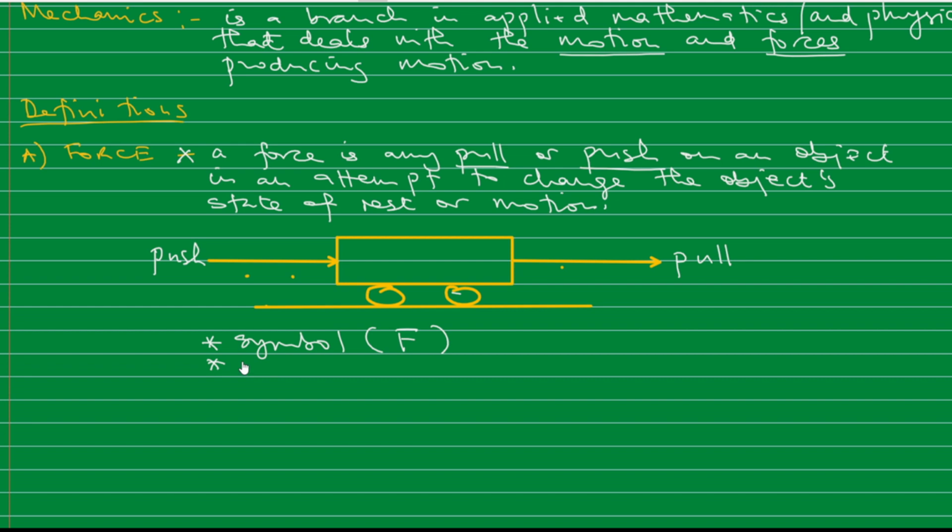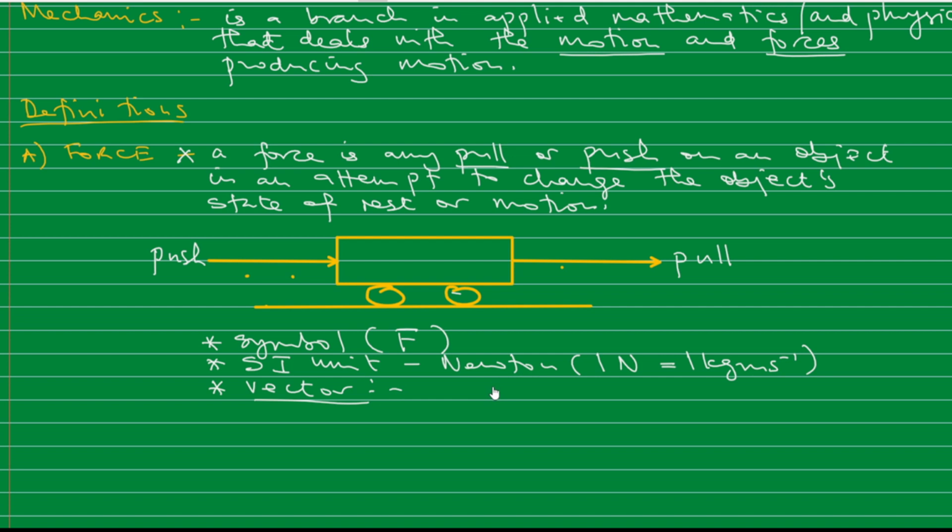Also, force is a quantity that we can measure. So we have the standard unit that we use for force. The standard unit is the Newton. Later on, we will learn that 1 Newton is equivalent to 1 kilogram meter per second squared. In addition to that, we need to understand that force is a vector.